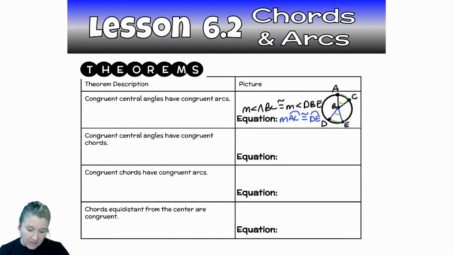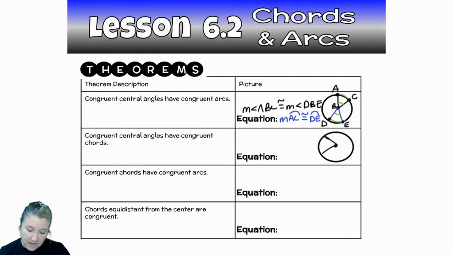And then we have congruent central angles have congruent chords. So here we go. If we have a circle here and let's put our center, and we have a central angle, let's say our central angle is this angle right here.